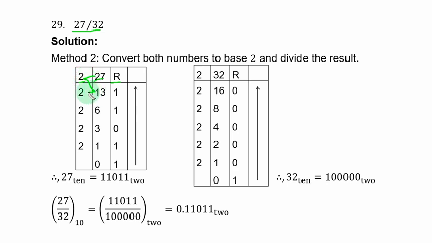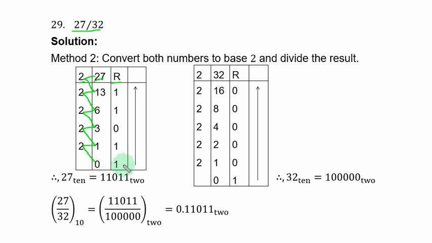You divide 13 by 2, you have 6 remainder 1. Divide 6 by 2, you have 3 remainder 0. Divide 3 by 2, you have 1 remainder 1. Divide 1 by 2, that is cannot, which implies 0 remainder 1.